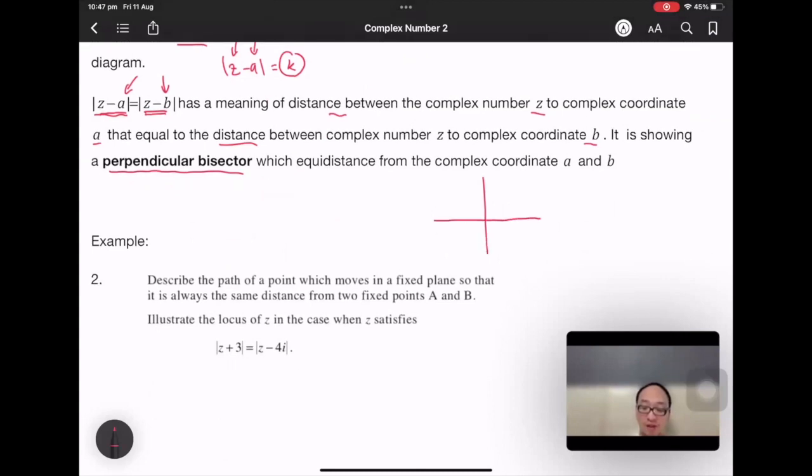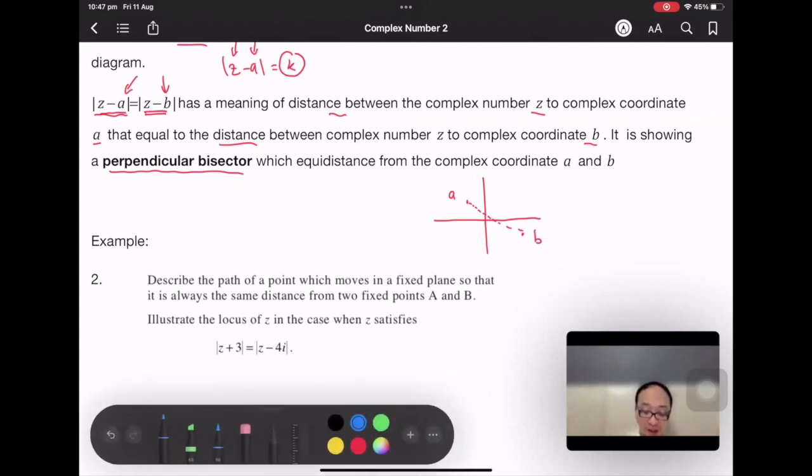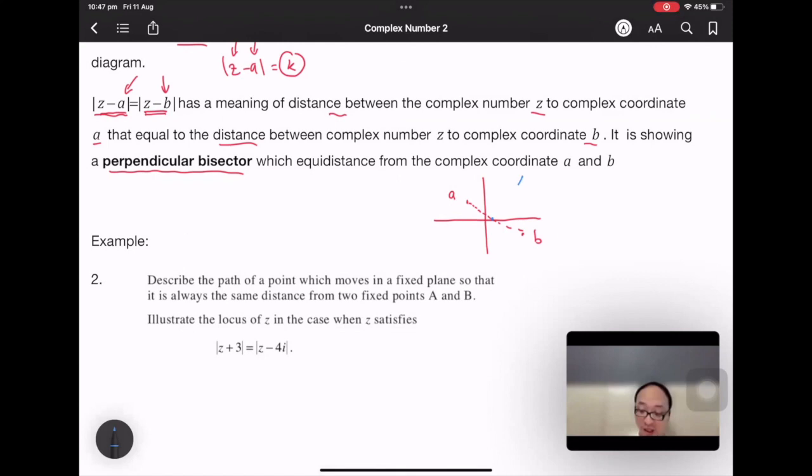This is coordinate A, for example, and this is coordinate B, for example. I can have the line connecting A to B, and the points that have equal distance from A and B should be on the perpendicular bisector, like this.